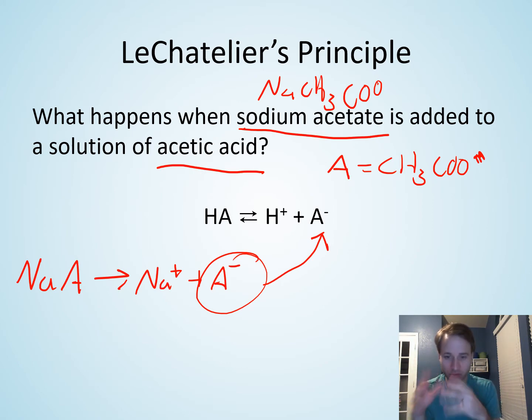Some of those are going to be consumed to form the acetic acid, to reestablish the equilibrium. If I added some products, it's going to consume some of those products and form reactants, which means I'm going to get less of my acid dissociated in this solution. And as one would expect, adding a weak base to solution will raise the pH as well.